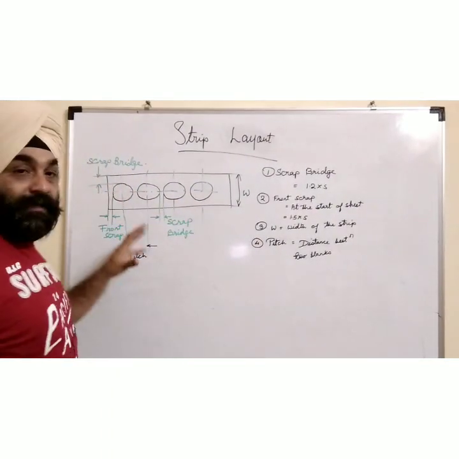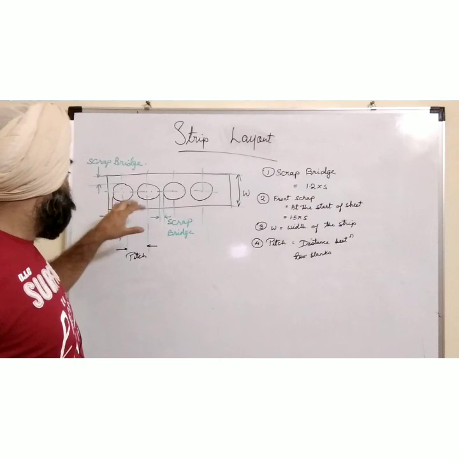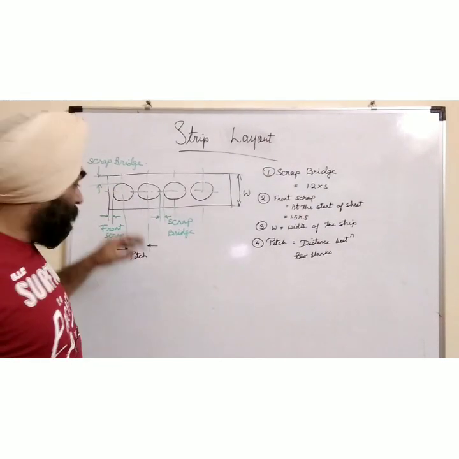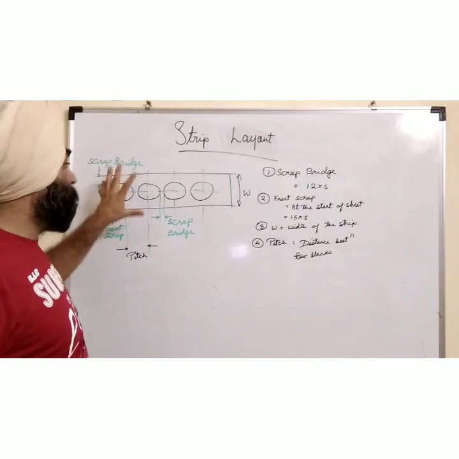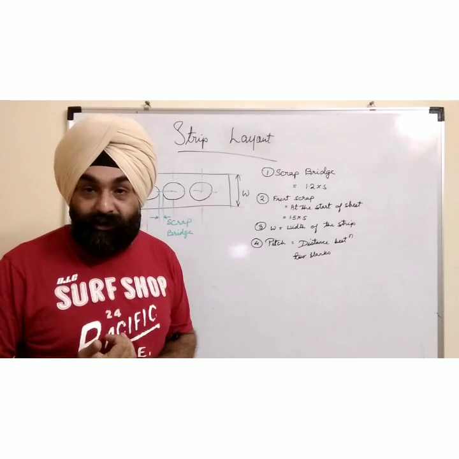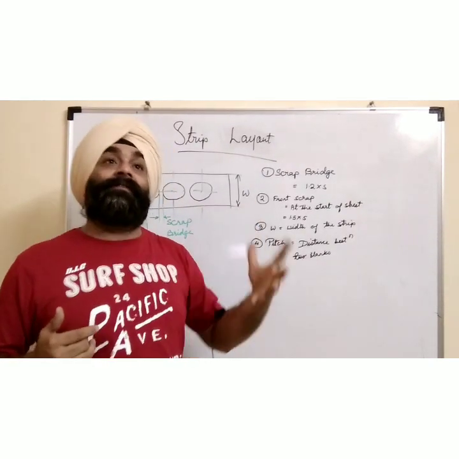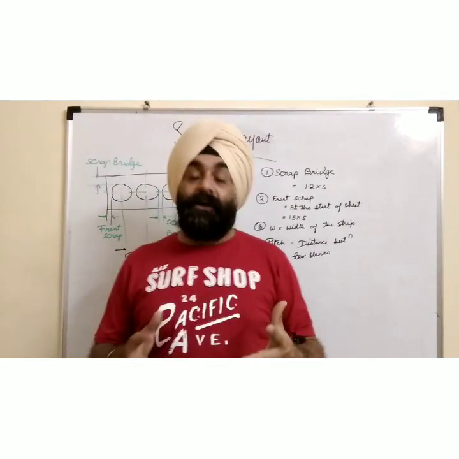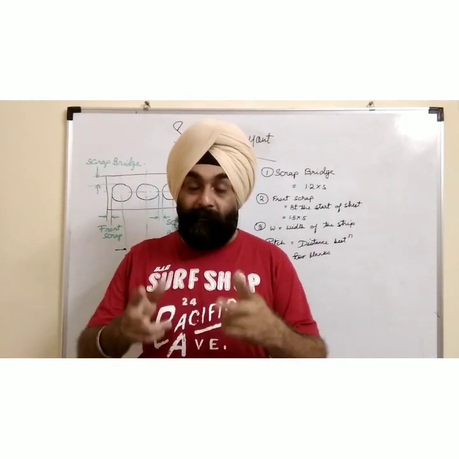Whenever the part comes to you, the first thing you will be doing is take the part and put it on the strip layout. You can do it on AutoCAD, or you can do it manually. Previously, when CAD was not available, the designer used to do it on paper.